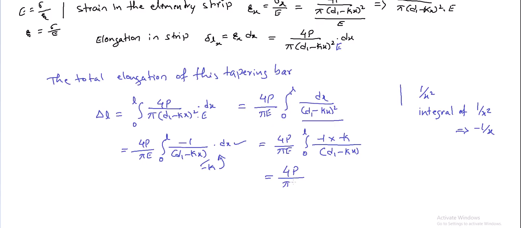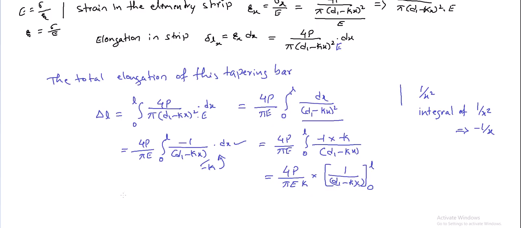So 4P by pi E k, I take this k at this point, and the rest goes above. I write 1 by (d1 minus kx) and substitute the limits from 0 to L.